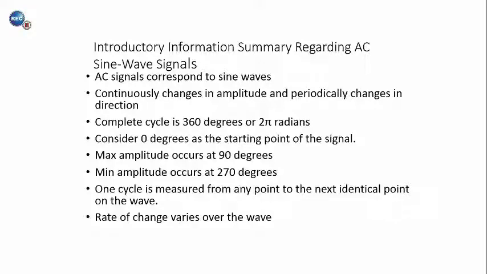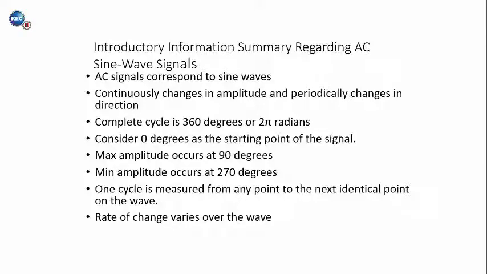And so AC signals, they're continuously changing in amplitude, and they periodically change in direction, so the value is never really constant, it's always changing, and the direction of the current flow through the circuit is periodically changing, sometimes clockwise, sometimes counterclockwise. A complete cycle is going to be equal to 360 degrees. The complete rotation of the coil in the magnetic field gives us one complete sine wave on the graph. That'll be 360 degrees of rotation, or 2 pi radians.